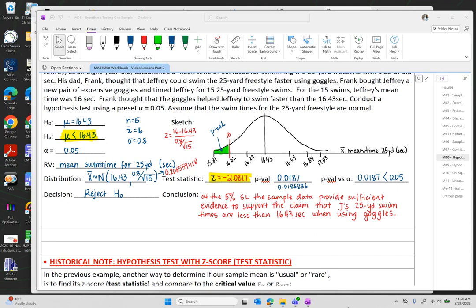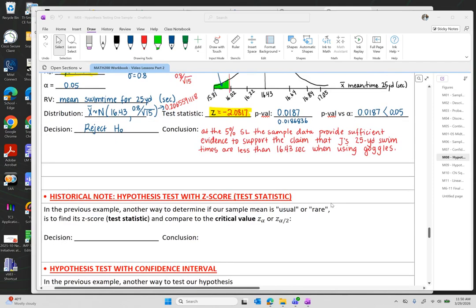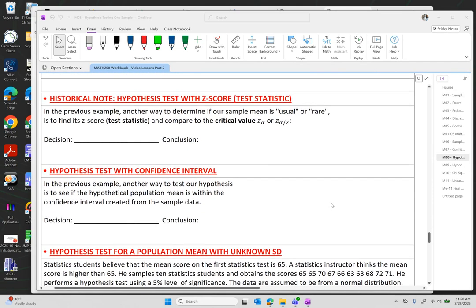Now, there are two other ways we could answer or solve a hypothesis test. One of them is to use the z-score, the test statistic, and the other is to use a confidence interval, which we have seen before.